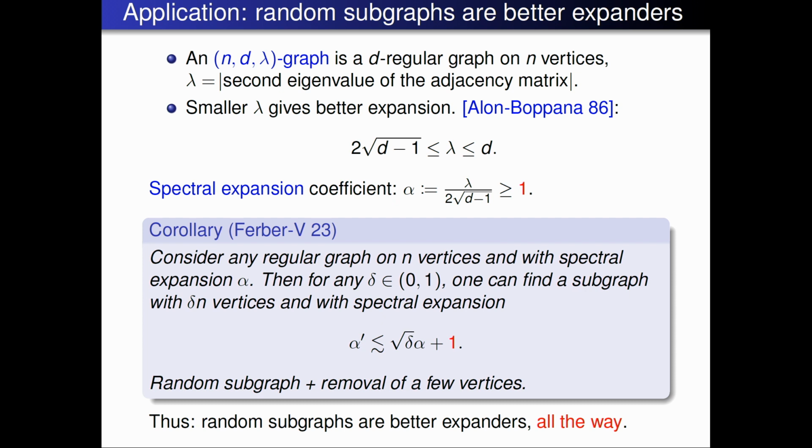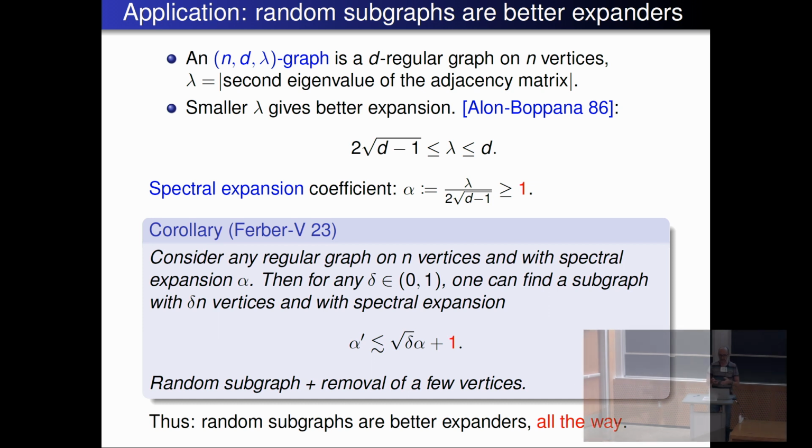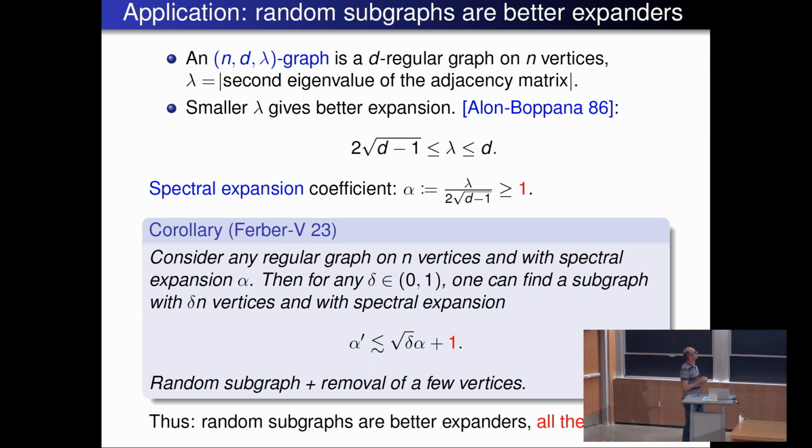Consider any (n, d, lambda) graph, any regular graph on n vertices, whose spectral expansion is given, is alpha. Then let's consider a random subgraph plus a little bit of deterministic correction, like before. So now we have a subgraph on delta n vertices.